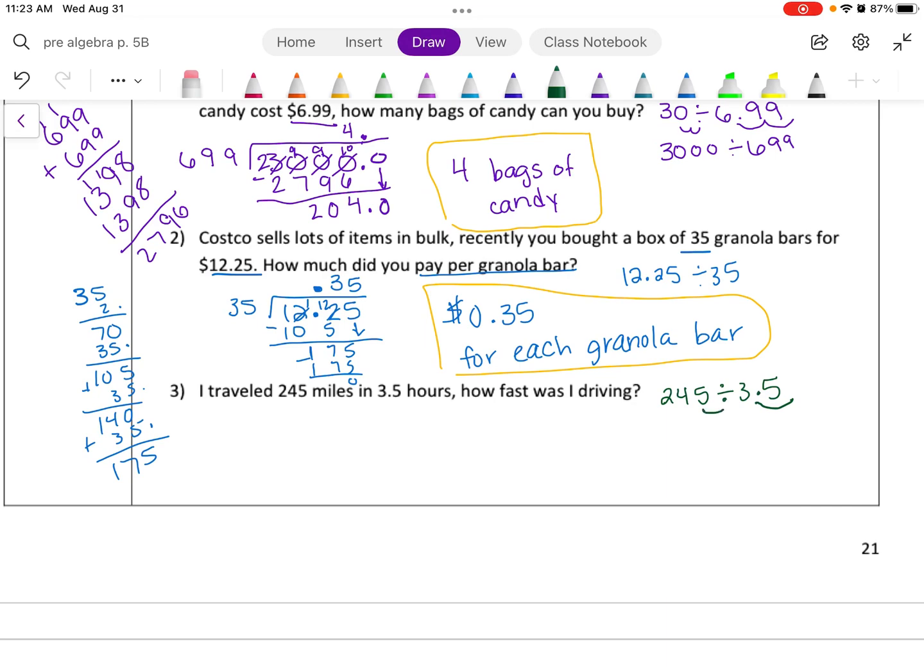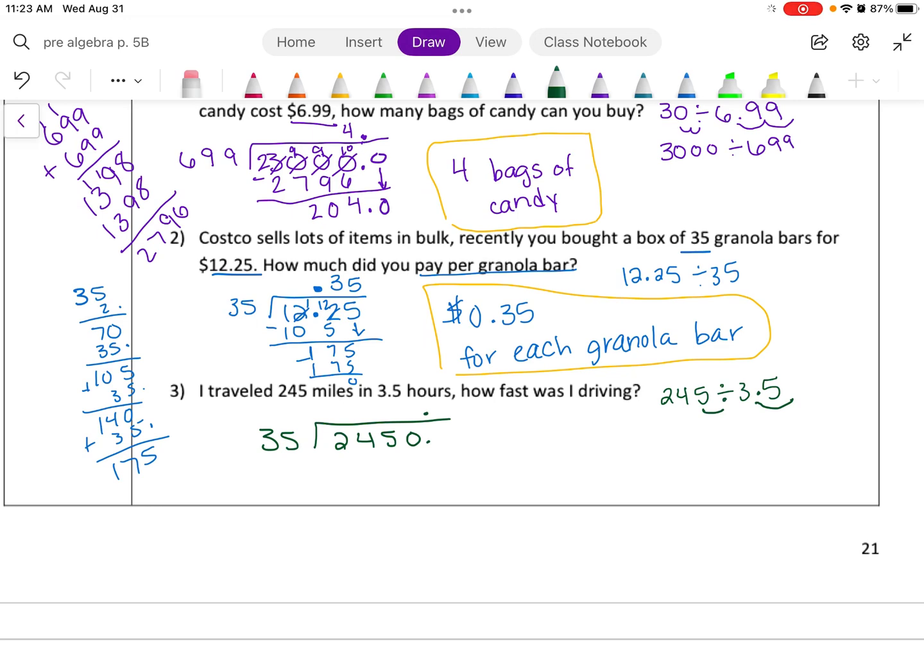Alright, so 3.5 has a decimal place. We have to move that 1 place to the right. So that would give us 35 and 2,450. And our decimal place would go after the 0.